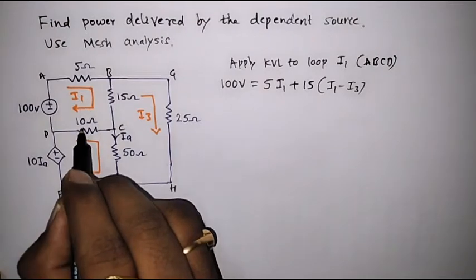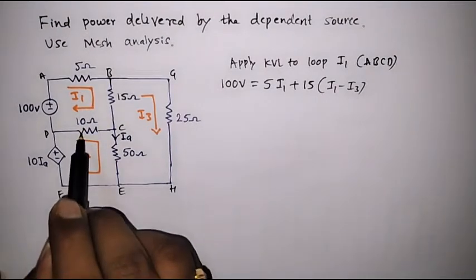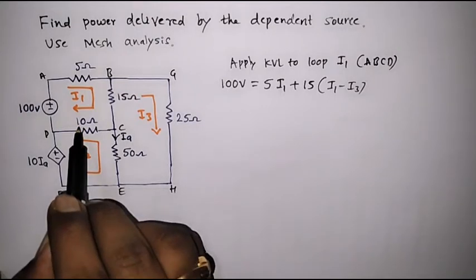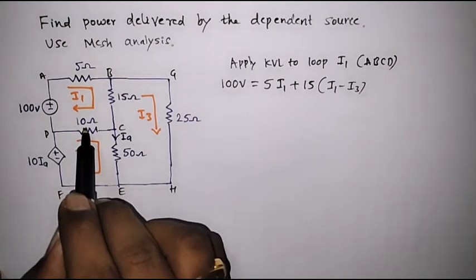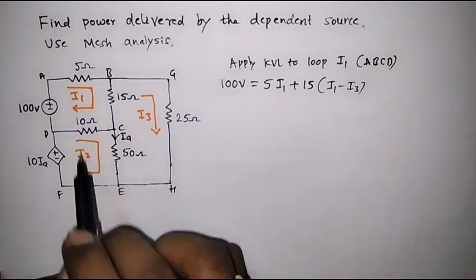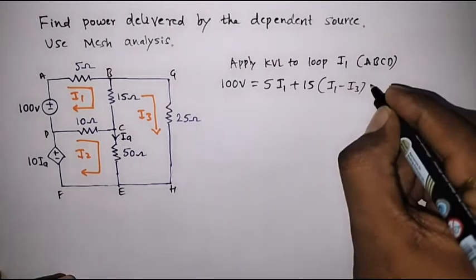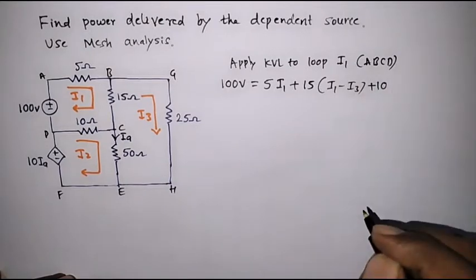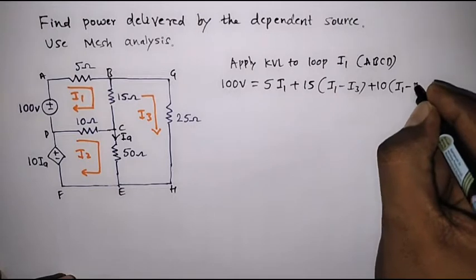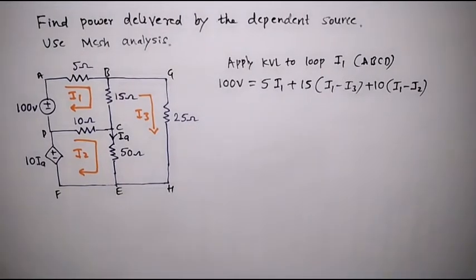Then I1 flows through the 10 ohm resistor. In the 10 ohm resistor current I2 also flows. So the voltage across the 10 ohm resistor is 10 into I1 minus I2. Minus because I1 and I2 are opposite to each other.